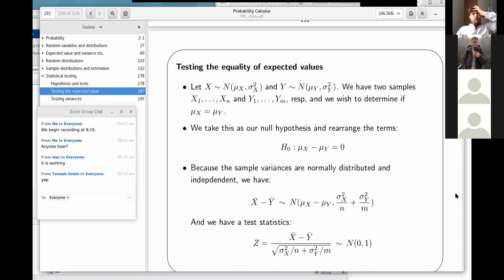Now, you have to understand that if these samples are large, this will be roughly normally distributed. So at the limit, it will have this normal distribution as n grows towards infinity.